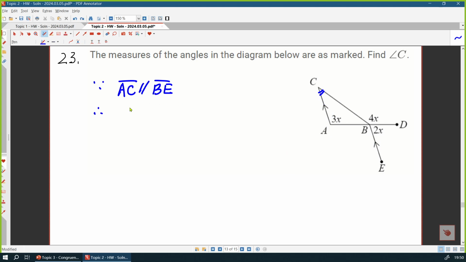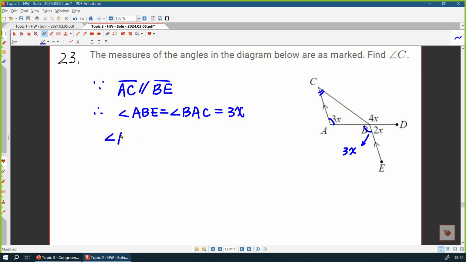Therefore, we have angle ABE equals angle BAC, because they are alternate interior angles, right? So here, this angle must equal 3x.